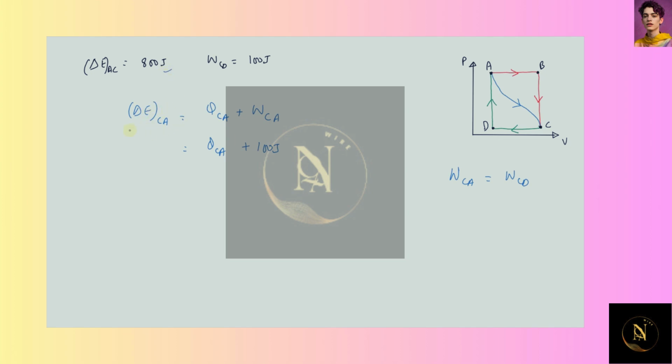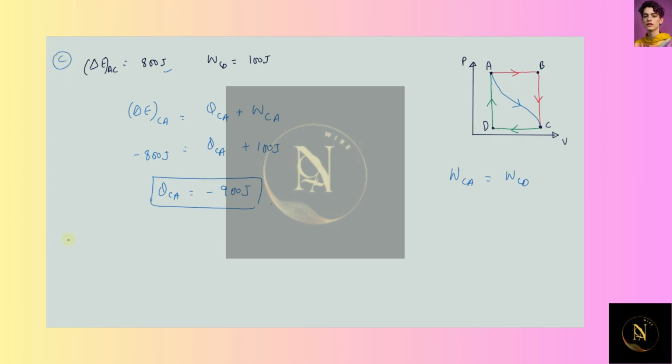So delta U CA will be minus 800 joules. We have just reversed the process, so the sign will become negative. So from here QCA will be equal to minus 900 joule, where the negative sign means that the energy must be removed from the system by heat. So this was the answer for the C part.